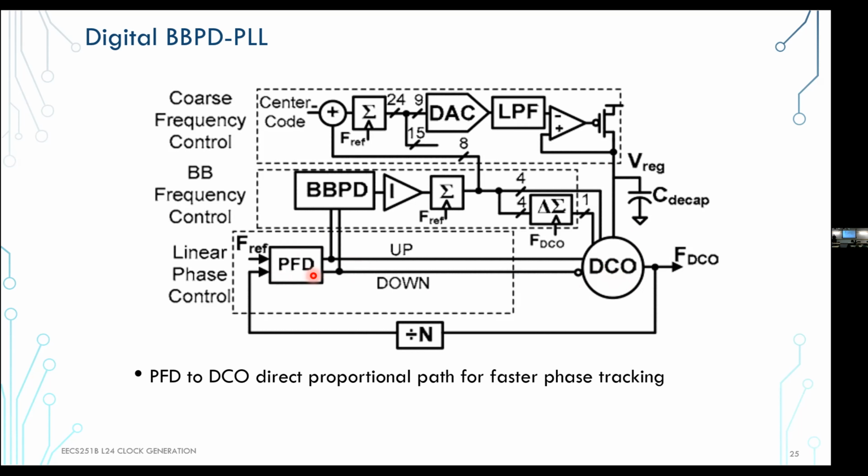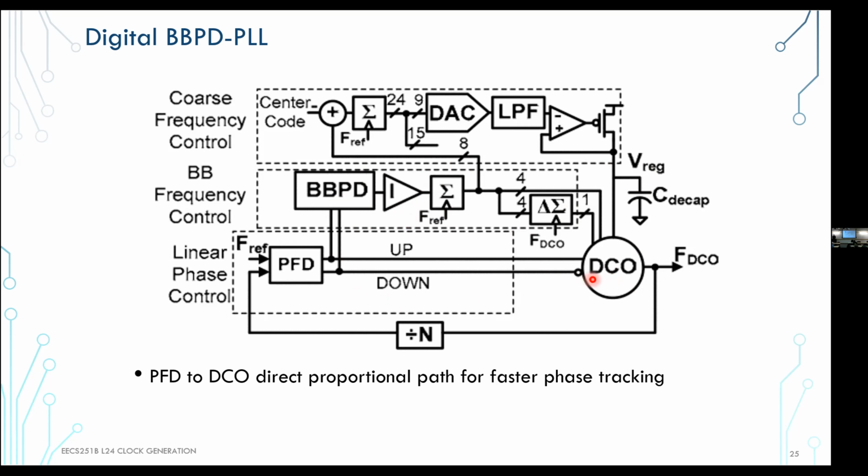Well, that's okay, because this bang-bang loop can take care of that, right? So the bang-bang loop will basically have the integral path only. It will take care of these small errors in phase and essentially frequency tracking, right? But the bigger errors in phase are going to be taken on by the proportional path, which goes directly to the DCO, right?